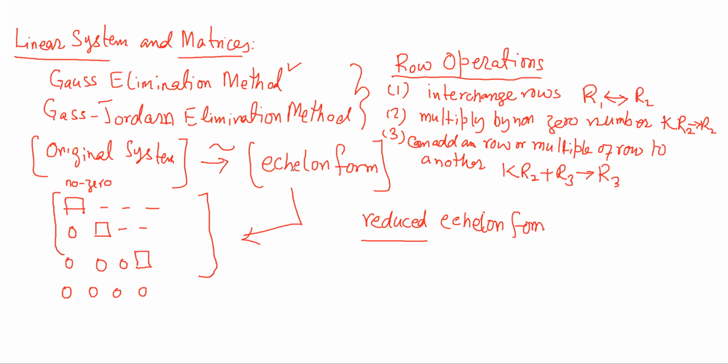So in the echelon form, there are zeros below the leading term, whereas in the reduced echelon form, in addition, there are zeros above the leading terms as well. So this is the difference. So we will see how this method works out.